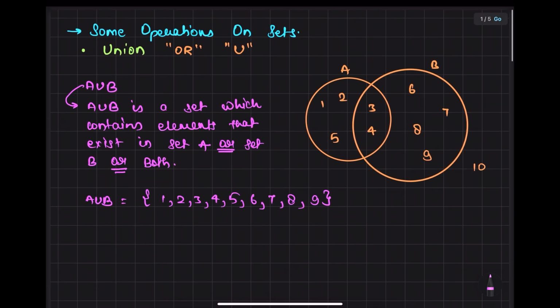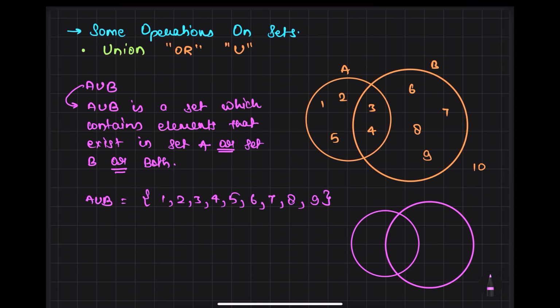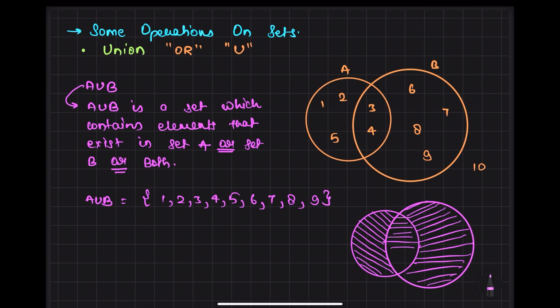For union, if you think about the observation room, the first observation is this, the second is this, and the third is this.